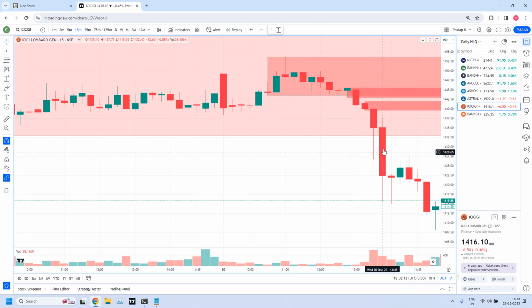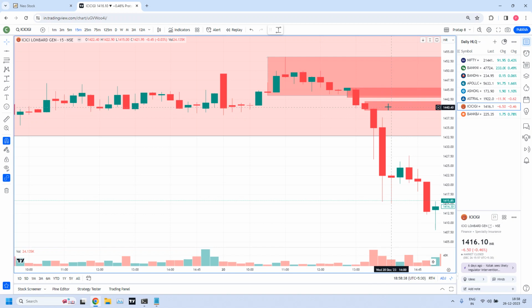After that, again prices started moving up. They were close to this zone, not very close, but at a considerable level. Before entering the zone, there is a rejection, and then prices came down. Why? What could be the reason? The reason is there could be a heavy order flow before this zone.